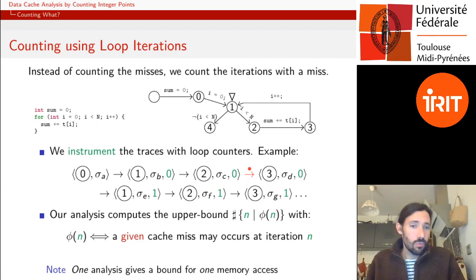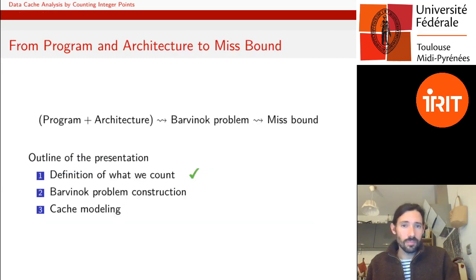So if we want to make an analysis, we can do it only for one memory access at a time. If we want to treat several memory accesses, we need to run the analysis several times. So that is what we count: iterations where one specific miss can appear.